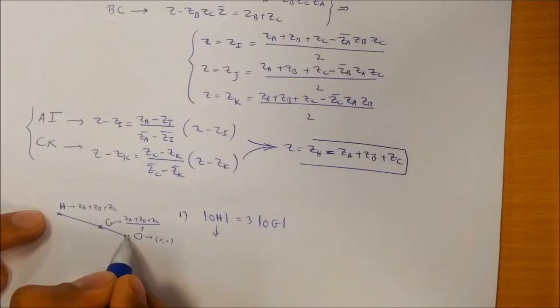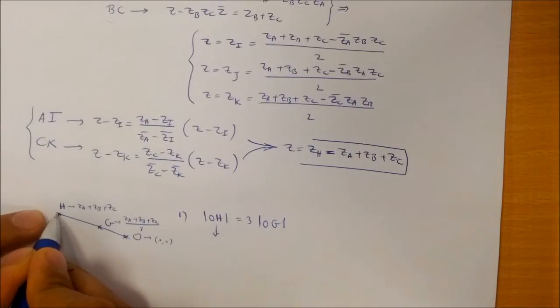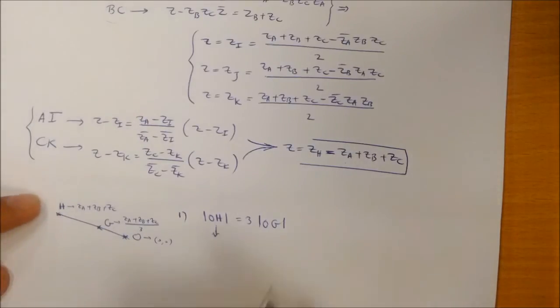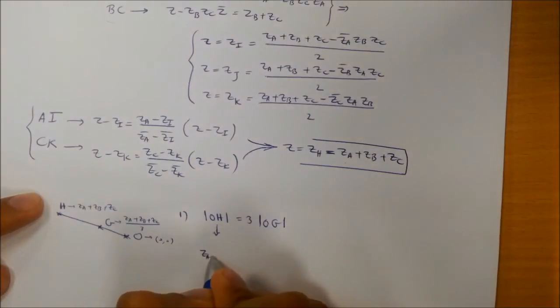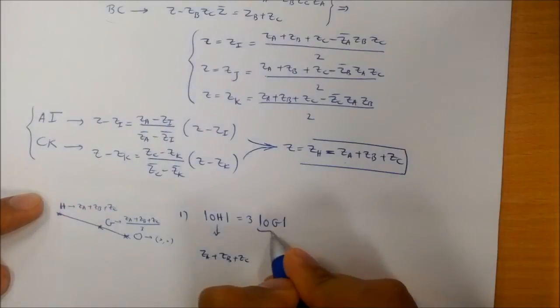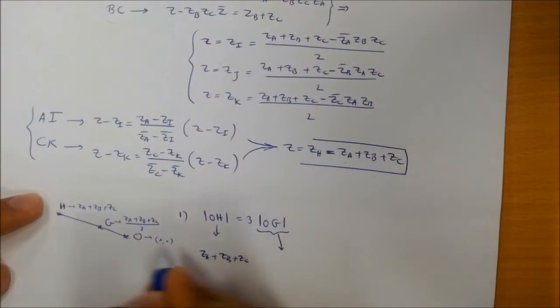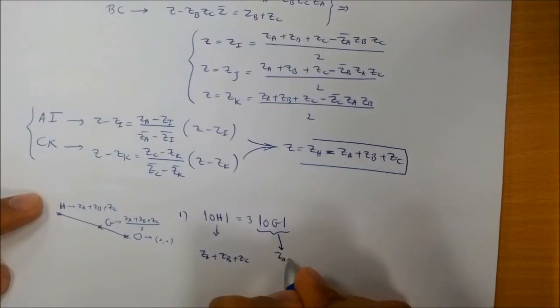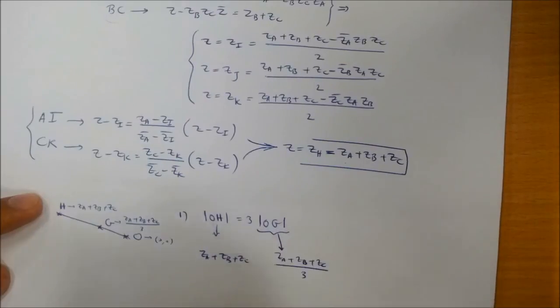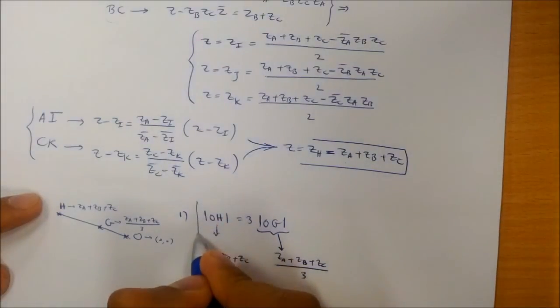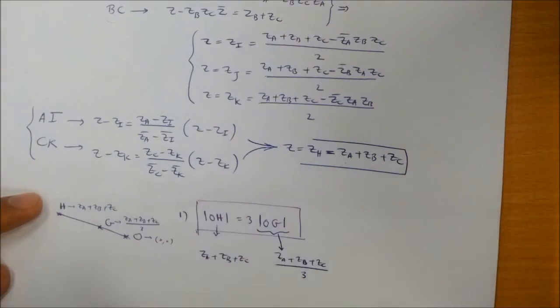So the length of the line segment OH is equal to |ZA plus ZB plus ZC|, and the length of the line segment OG is |ZA plus ZB plus ZC| over 3. So we have this interesting equation.